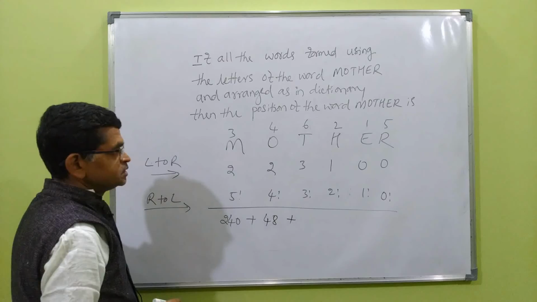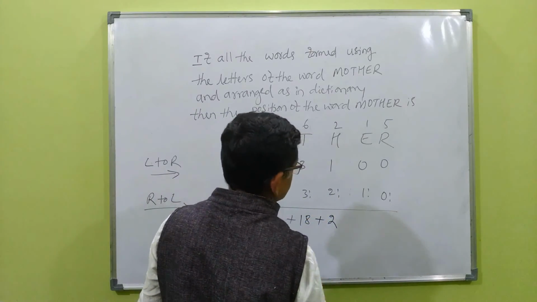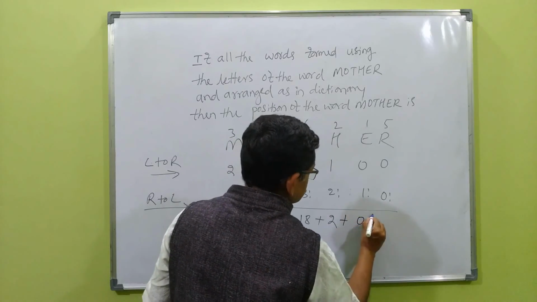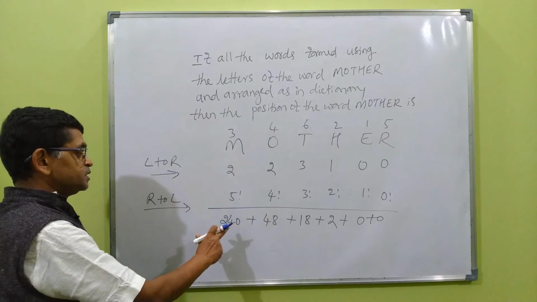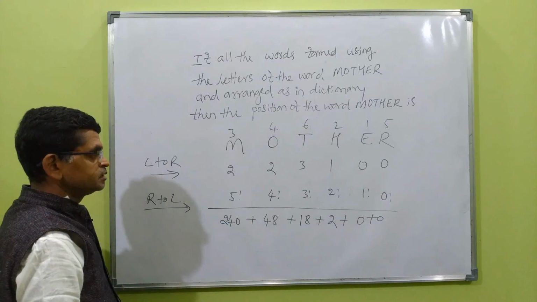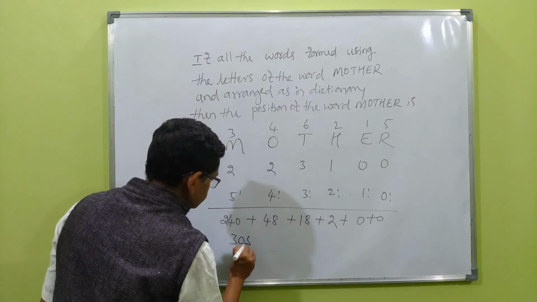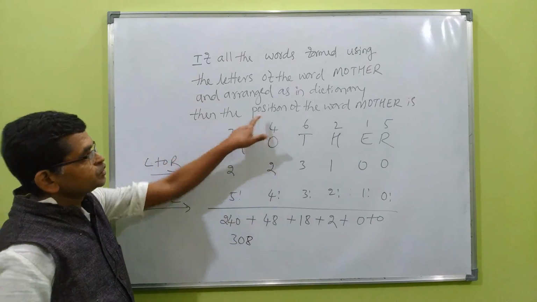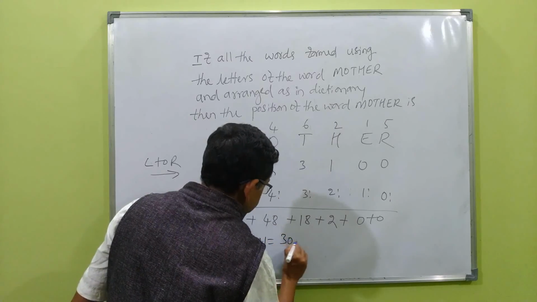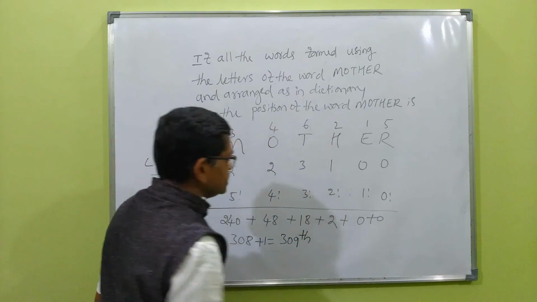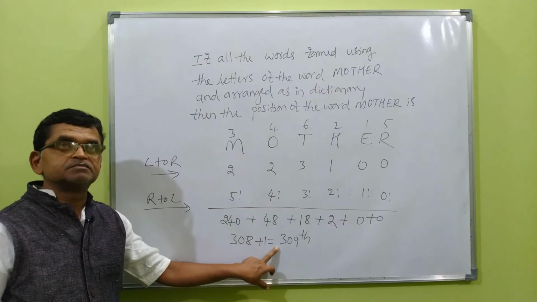Plus 6 into 18, plus 2, plus zeros. Okay, this is 288 plus 20, 308. Actual position is asked, plus 1. So 309th position. Answer is 309th position.